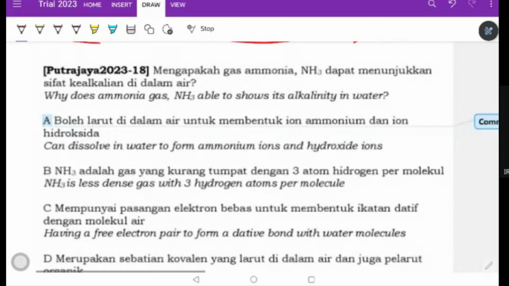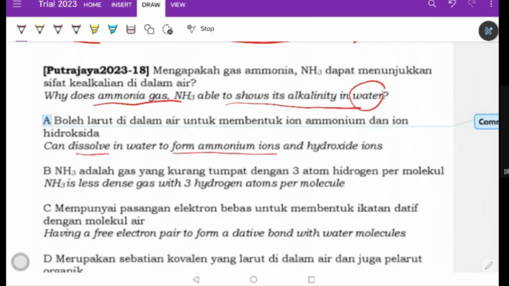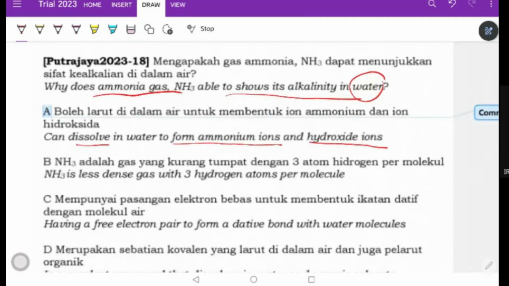Now, why is ammonia able to show its alkalinity in water? Same as alkali, right? Dissolve in water to form ammonium ions and hydroxide ions. Less dense and gas are not related. Three hydrogen atoms per molecule? No, because we just focus on alkaline properties.